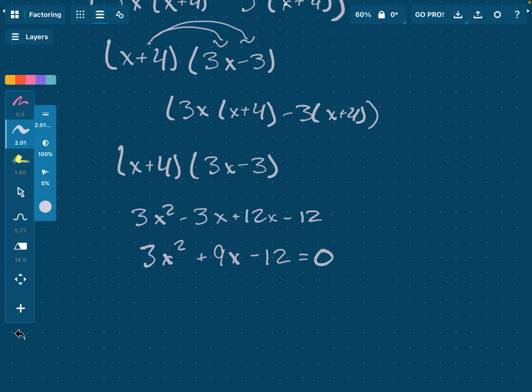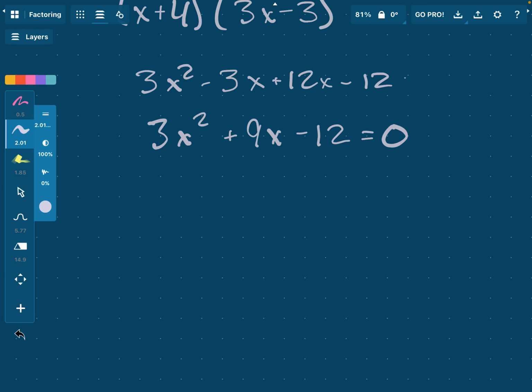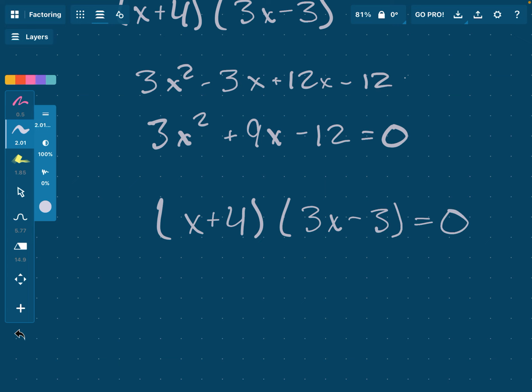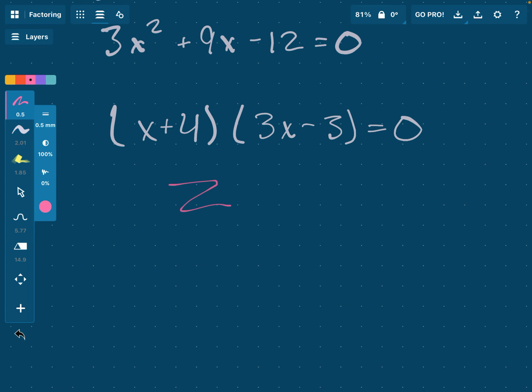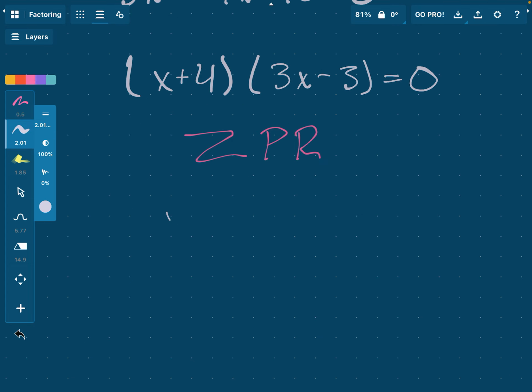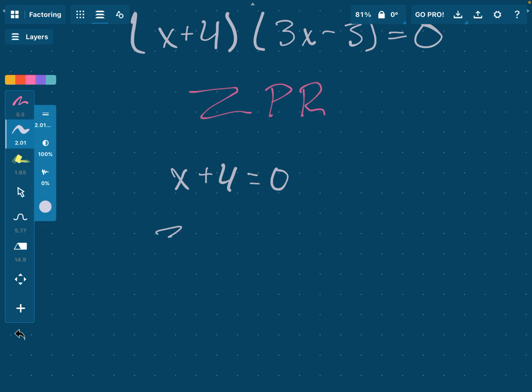So now let's go ahead and take our two new binomials, x plus 4 times 3x minus 3 is equal to 0. And again, we're going to use our zero product rule, which means we can take x plus 4 and set that equal to 0, and we can take 3x minus 3 and set that equal to 0 as well.